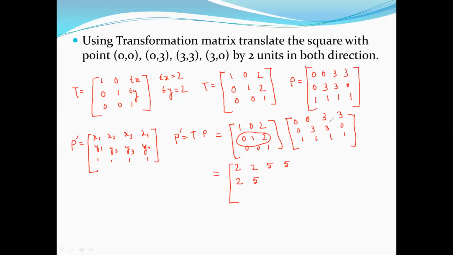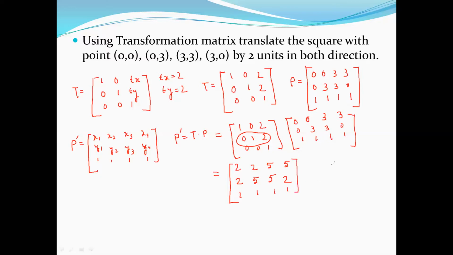And the next one is the same, 3 into 1 and 2 into 1, so it will be again 5. And the last one will be 0 multiplied by 3, 1 is 0, and 2 will be 1, so it will be 2. And if you multiply the last row, it will remain 1, 1, 1.